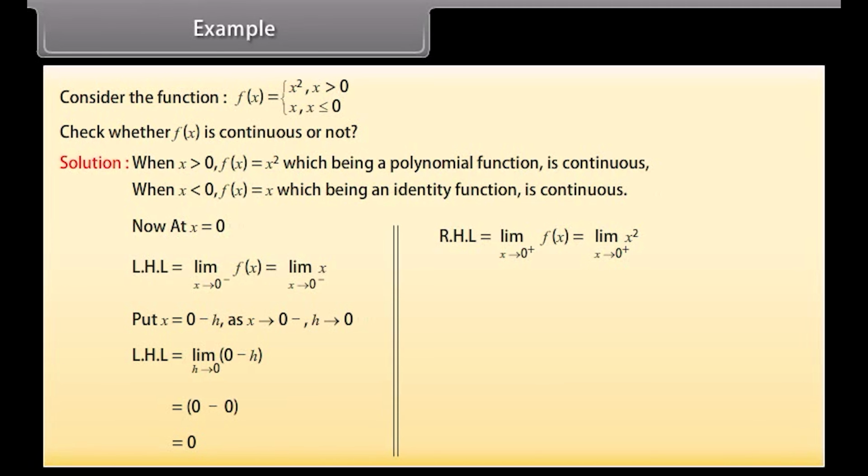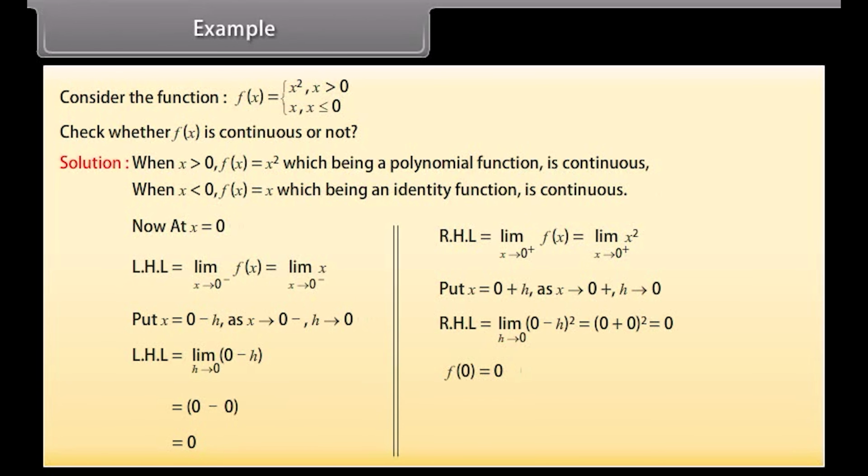limit as x approaches 0 plus of x². Put x = 0 + h, as x approaches 0 plus, h approaches 0. Right-hand limit is equal to limit as h approaches 0 of (0 + h)² = 0 + 0² = 0.